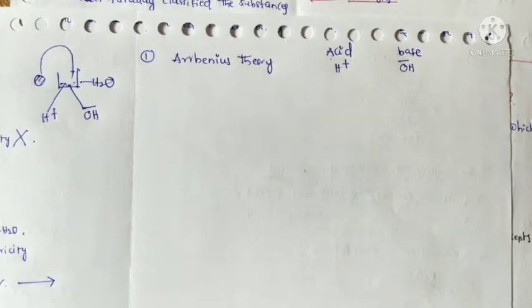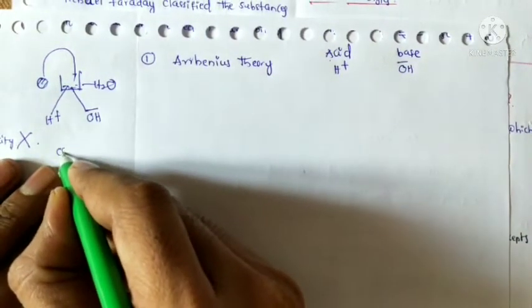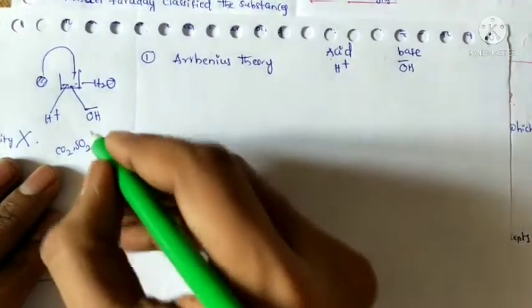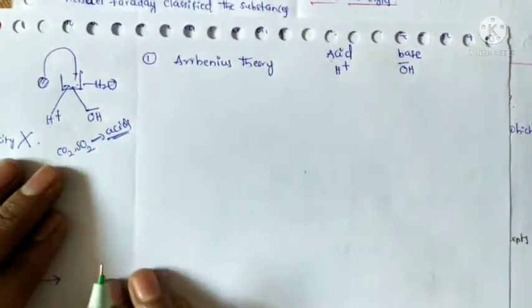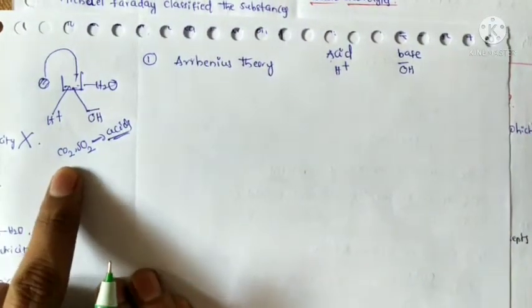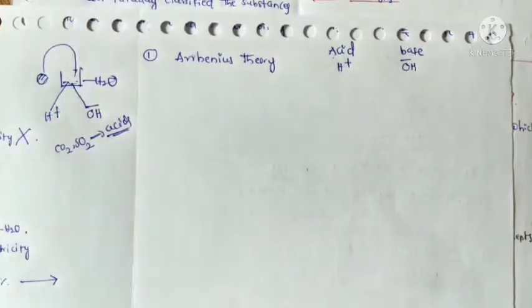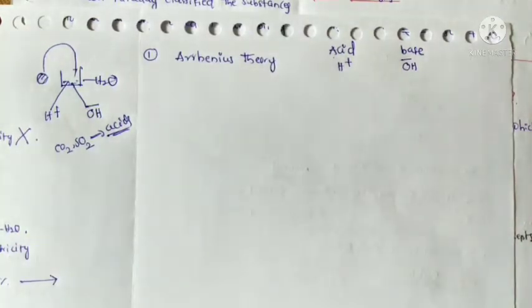But here some demerits are there. It is applicable only to aqueous solutions. Some acids, like carbon dioxide and sulfur dioxide, when dissolved in water do not produce H plus ions, but these substances act as acids.